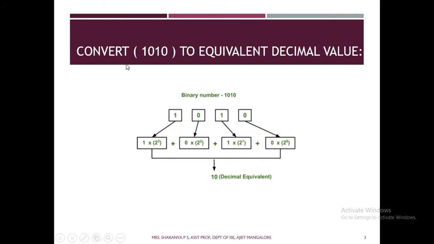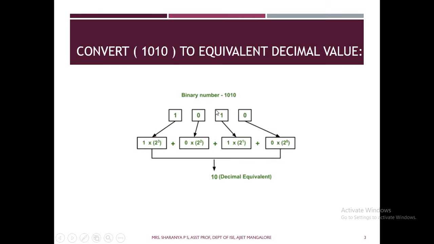Now, if we take one more example, 1010 is the number given. How can we convert it to its corresponding decimal value? Starting from the last digit, it is 0, and 0 into 2 to the power of 0 is multiplied.